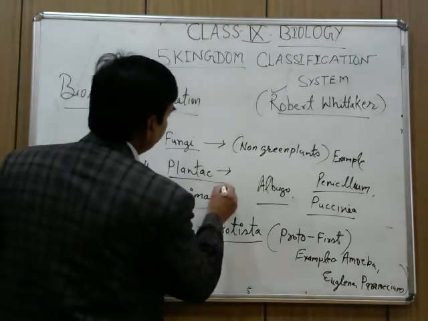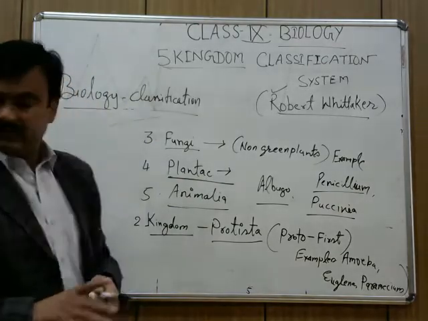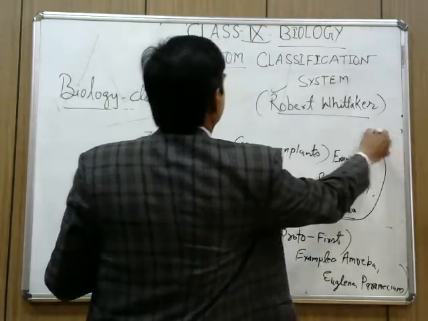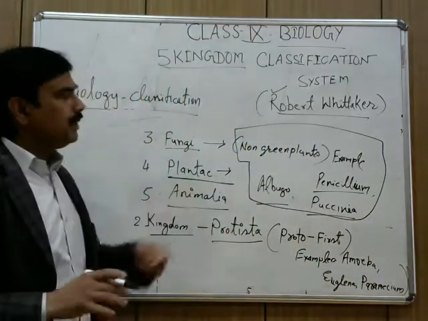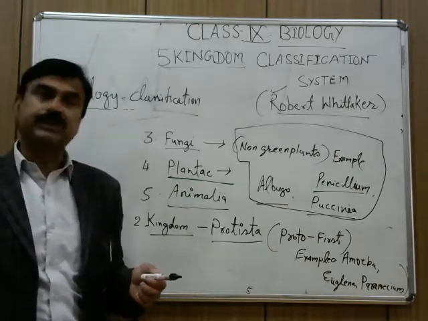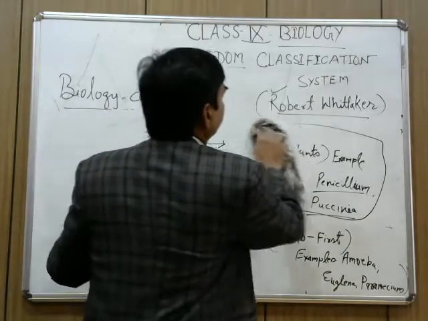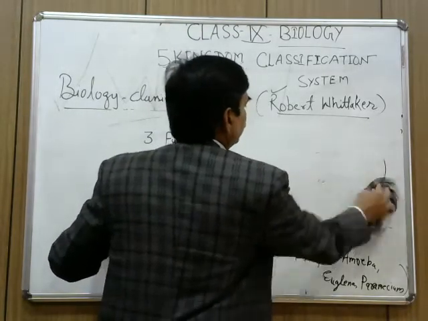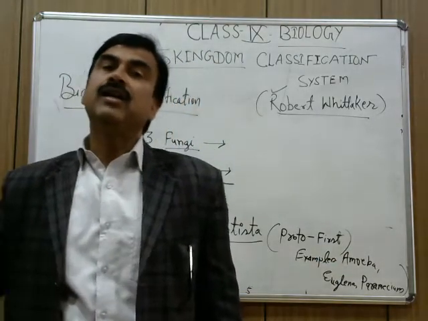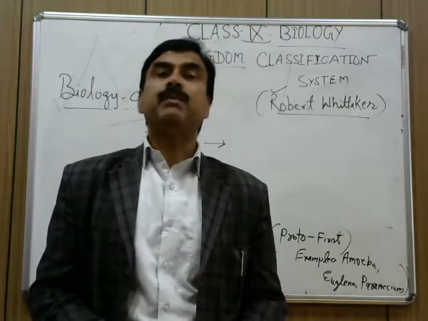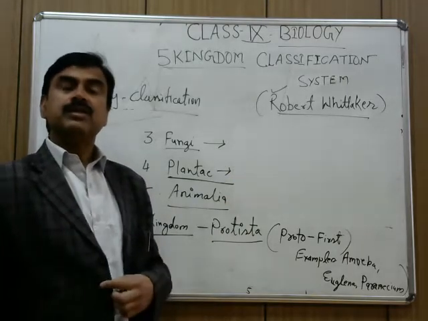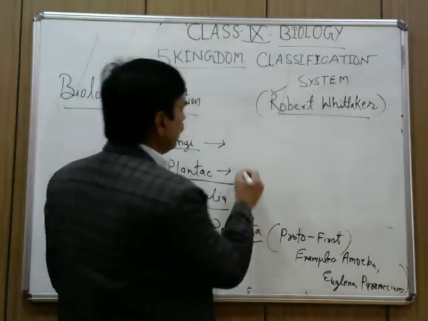Now in the plants, don't confuse this. When we start the classification of plants, all green plants which are autotrophs and can perform photosynthesis are kept in Plantae, right? So it is very easy and clear.